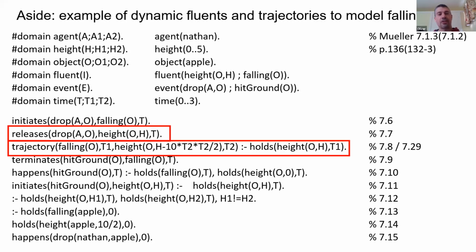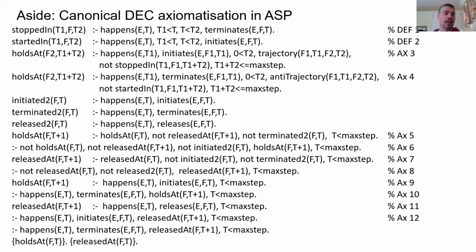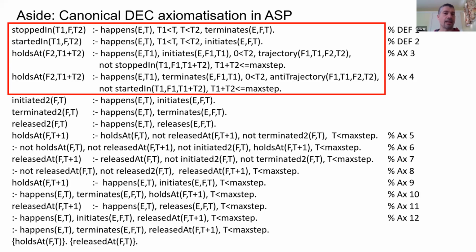Once you have an initiates or terminates, it rebinds the fluent to the inertial frame, and then the typical initiates, terminates laws apply. So this is just to show you how the canonical discrete event calculus is axiomatized, typically in answer set programming these days.